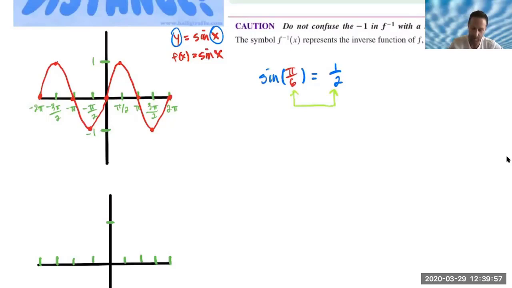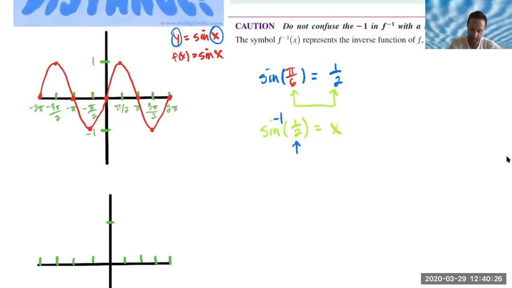And so what we'd like to do is reverse the input and the output. And in order to do that, I would put the sine of 1/2 equals what? Angle, which we originally called x. And so that you know that 1/2 is actually a ratio, usually typically our output, well then now I need to put this little -1 to let you know that, hey, this is reversed of what we normally had.